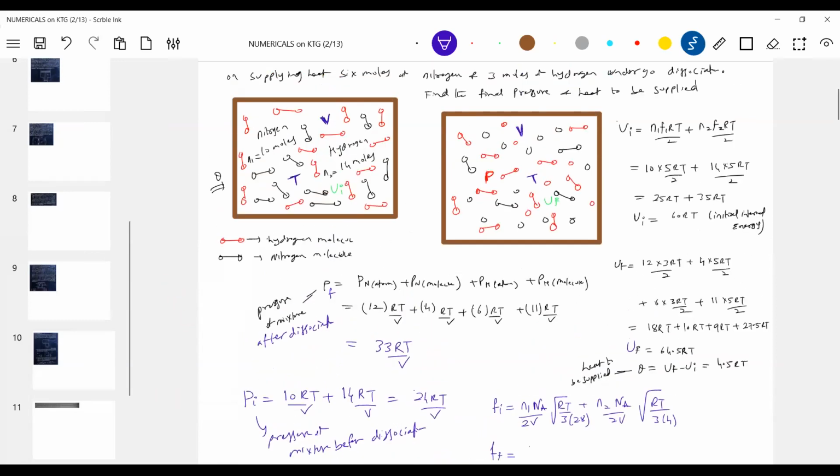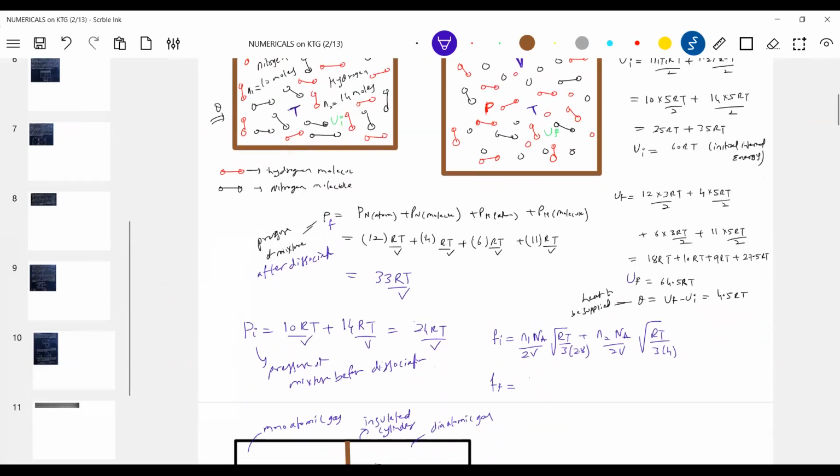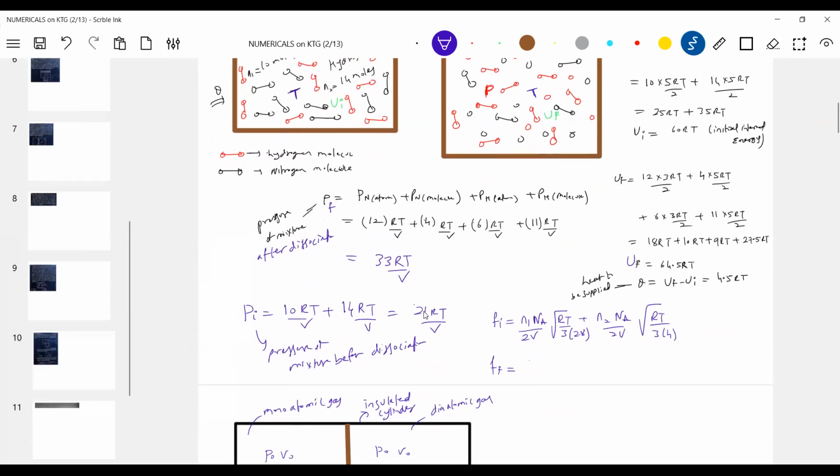So how many will undergo dissociation? 6. So how many will be left over? Sir, for hydrogen we have to write 2, no? Okay, this is 2. Yeah. The final rate of collision will be, I think this was the symbol we used, am I right?